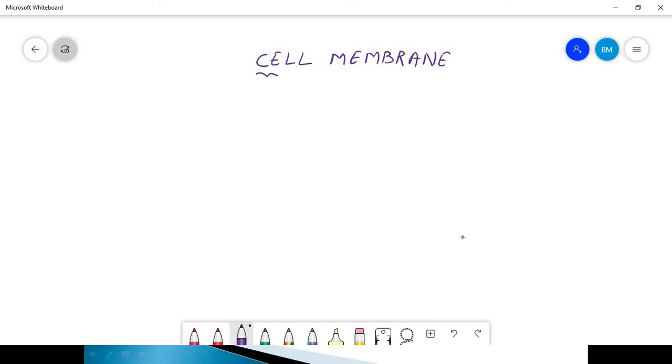The first organelle I am starting with is the cell membrane, which is also called the plasma membrane. We can also write it as PM. It is a phospholipid bilayer. First point: the plasma membrane is a phospholipid bilayer.